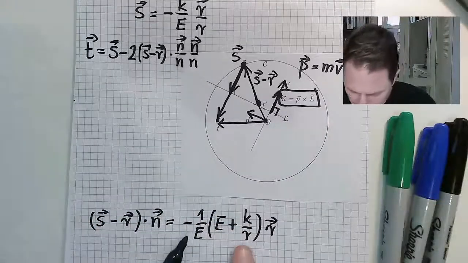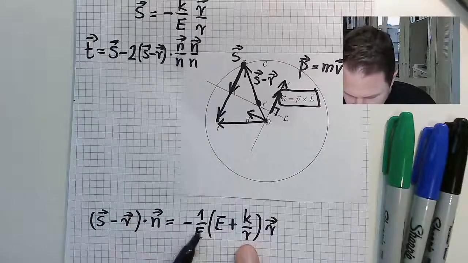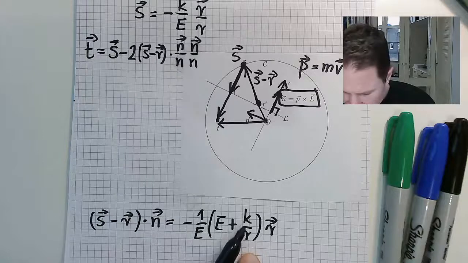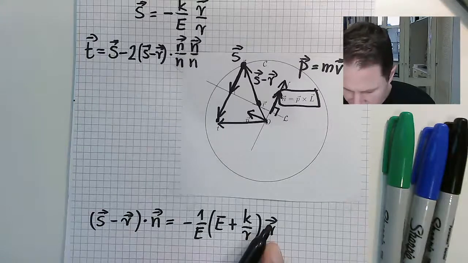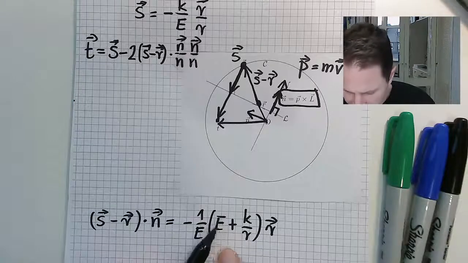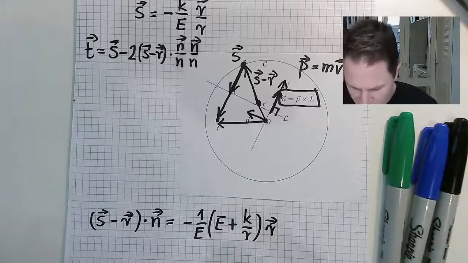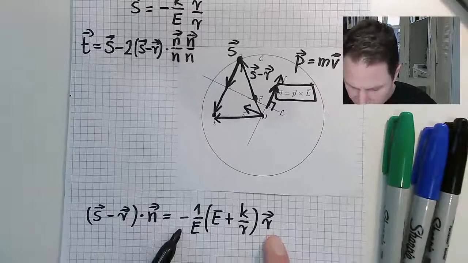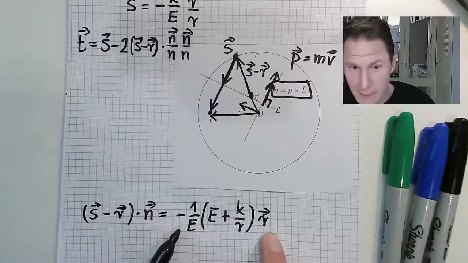Okay, if you expand these parentheses, what you are going to get is minus 1 over e times k over r times r. So that's the vector s. And what you also get is minus 1 over e times r. So that's minus r. So that's just s minus r rewritten using the total energy.